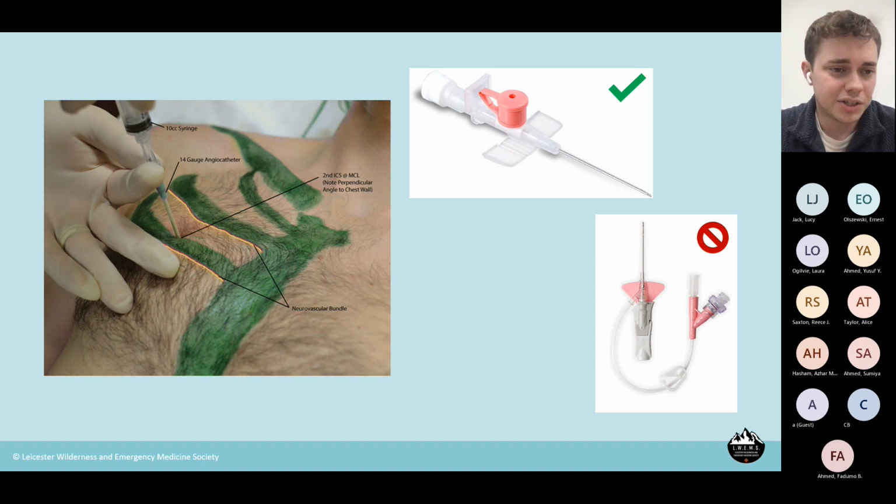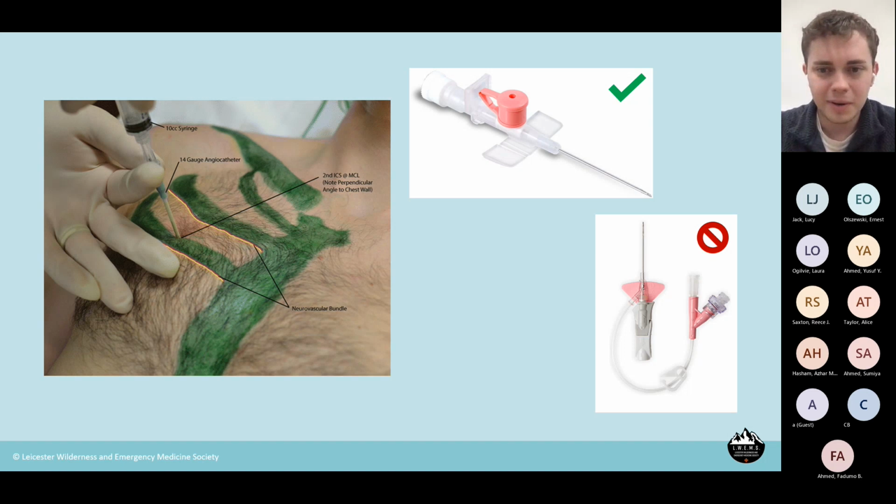You put a large bore cannula into the pleural space through the second intercostal space, mid-clavicular line, or it can be in the fourth or fifth intercostal space, mid-axillary line as well. You can do that with CPR ongoing, and you just want to listen for a hiss of air coming out as you put it in.